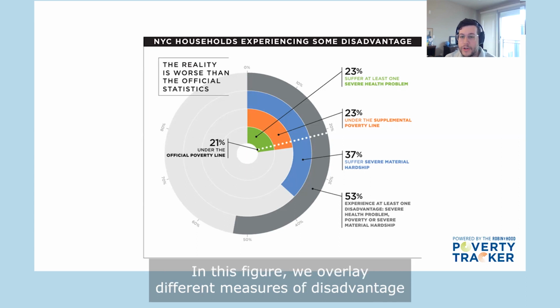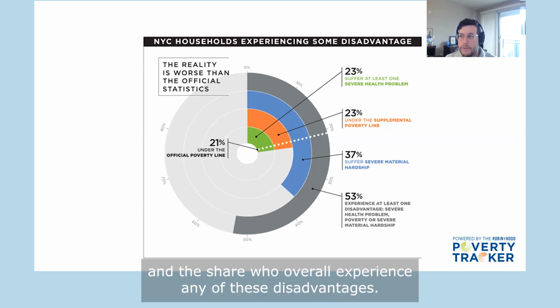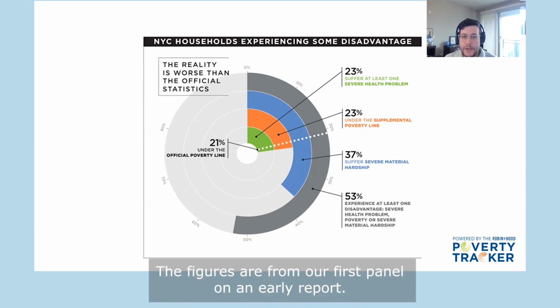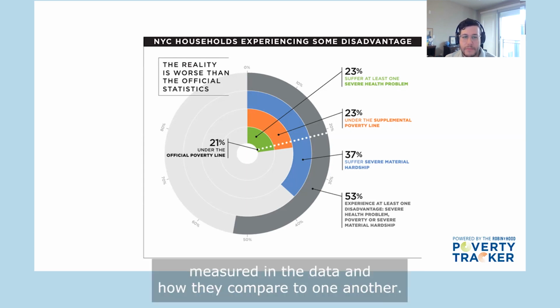In this figure, we overlay the different measures of disadvantage to show the share of the city who experienced each disadvantage and the share who overall experience any of these disadvantages. These figures are from our first panel in an early report, so it's not super recent, but a good example of the different disadvantage measures in the data and how they compare to one another.